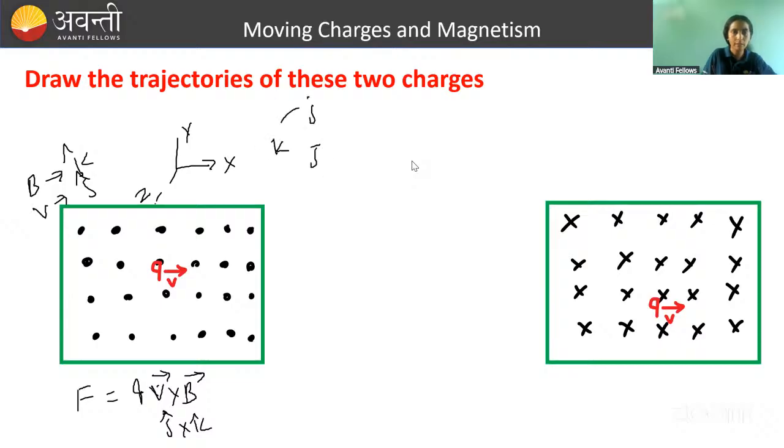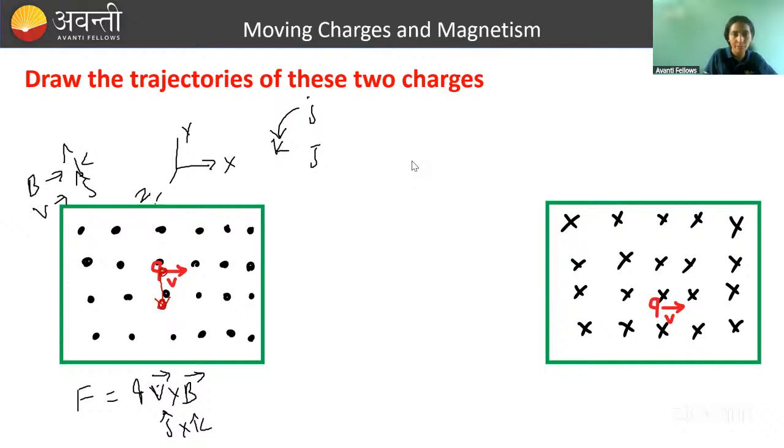I cross k anti-clockwise माइनस में लिखोगे, minus j, right? Whenever you traverse anti-clockwise, you write answers with minus sign. So minus j. It means force acting at this point when its velocity is in this direction, force is towards the negative y axis. It means what?